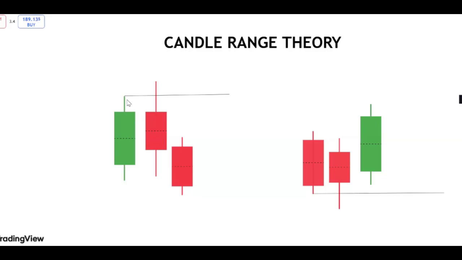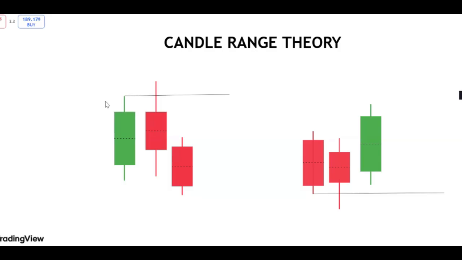Trying to trade the continuation using candle range theory. And mostly, I look for candle range theory on a daily candle or on a weekly candle. Also, I can sometimes use it to trade a counter trend pattern, because once you see this pattern in the market, you begin to have that feeling that the market is trying to retrace or change direction, right? So the first thing is to mark the highest point of the last candle.